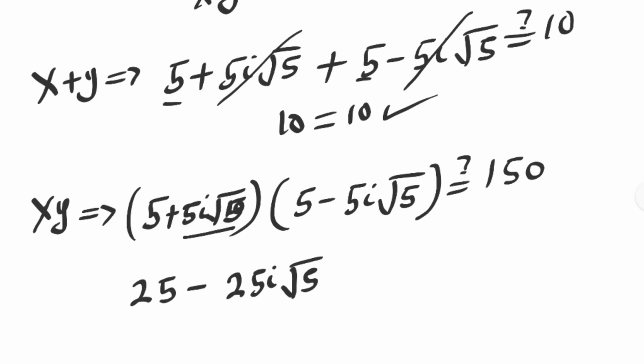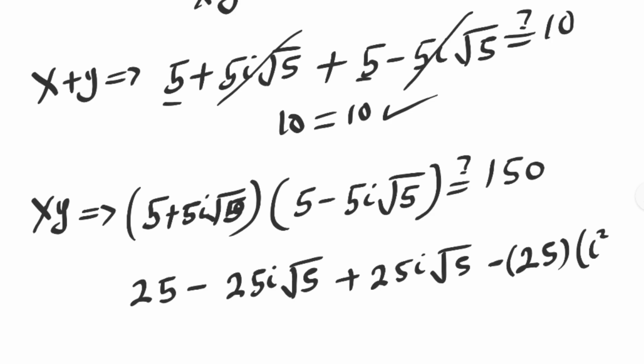This 5i root 5 multiplied by 5, that is plus 25i root 5. Then 5i root 5 multiplied by minus 5i root 5. This is minus 25 multiplied by i squared multiplied by square root of 5 all squared must be equal to 150.